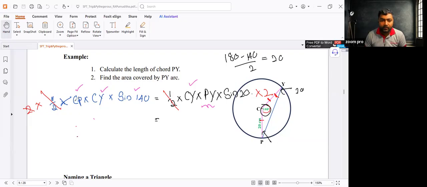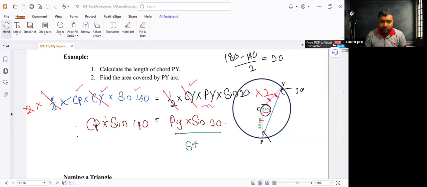Then CY is here again. This also can be cut off. Then you will remain with CP into sine 140 equals PY into sine 20. Then to make PY the subject, I am going to divide by sine 20.